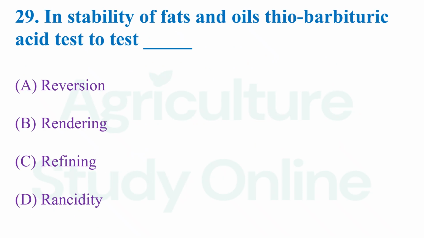Question number 29. In stability of fats and oils, thiobarbituric acid test is used to test. This thiobarbituric acid test is used to detect the secondary oxidation products in the fats and oils. Specifically, it measures the malondialdehydes, which is formed during this lipid oxidation.